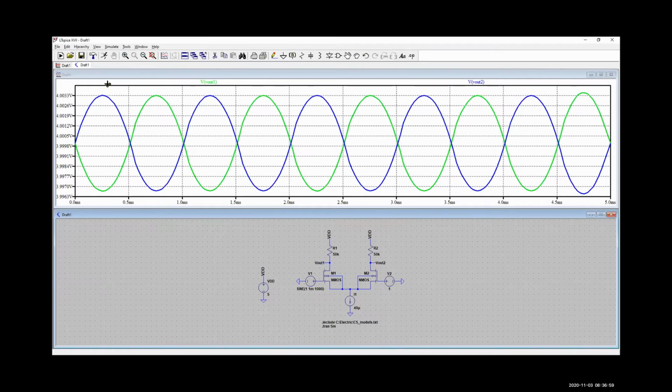So what we see here, or what I have been attempting to illustrate, is that we have what's called a differential gain going on. So as soon as there's a difference in the input signal, we get some form of amplification. So how can we determine the amount of amplification that we have?